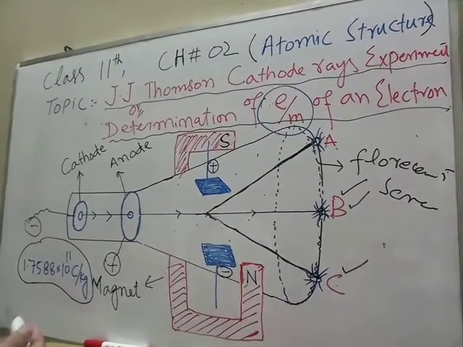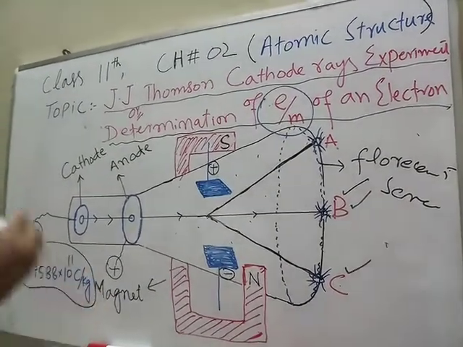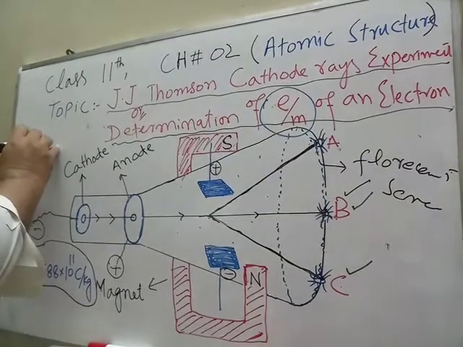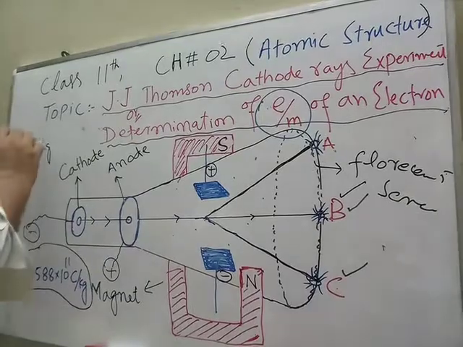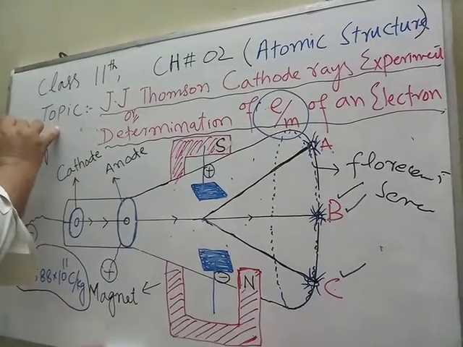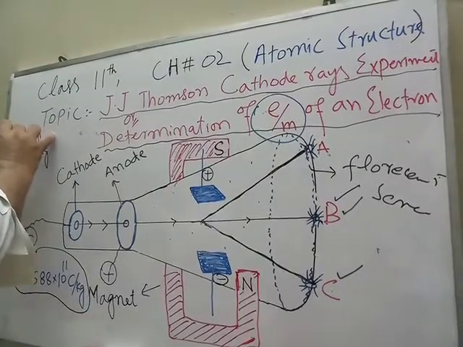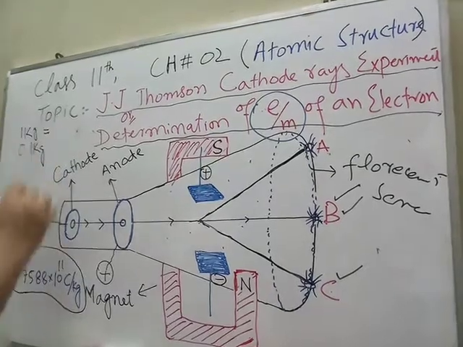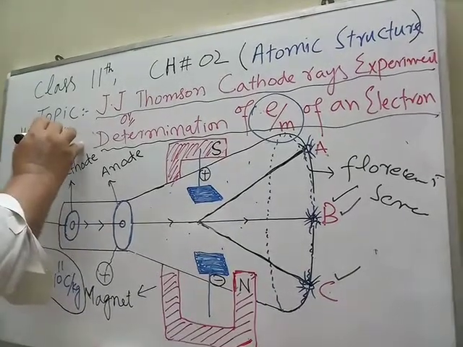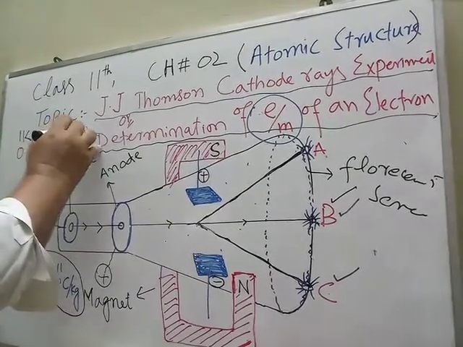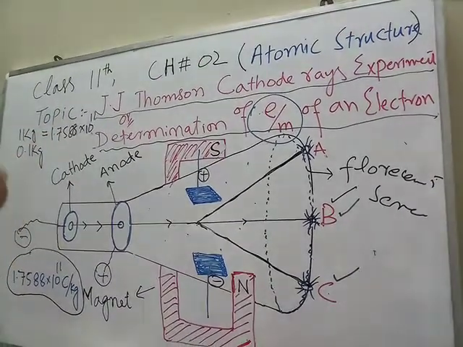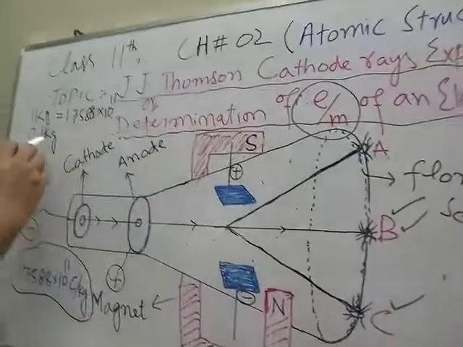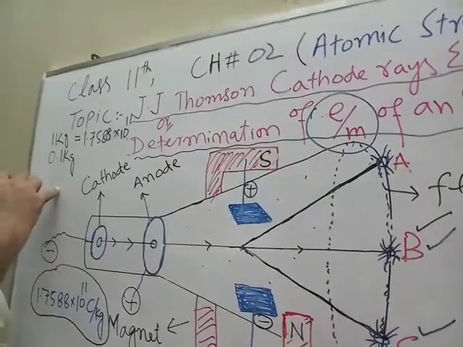Let's say 100 grams is equal to 0.1 kg, and I know that 1 kg of electrons carries charge equal to 1.7588 × 10^11. So what will be the charge carried by 0.1 kg, which is equal to 100 grams?